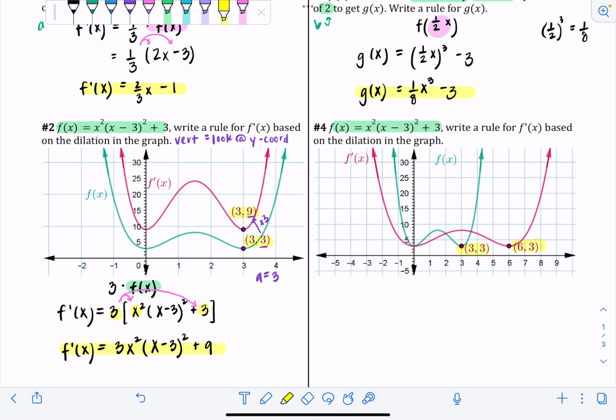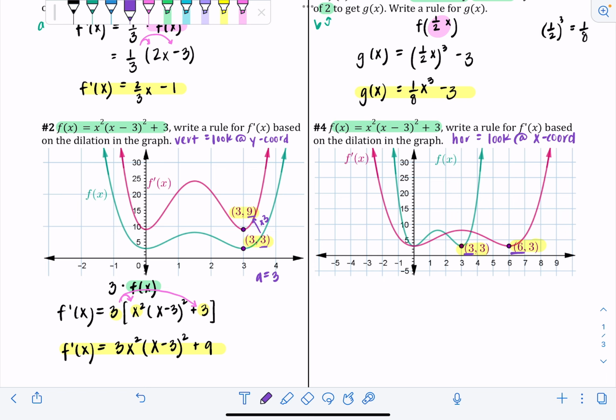In this case, if we look at the y value, the y value is not changing. The x value is what is changing. If the x value is what is changing, that's a horizontal dilation. So for horizontal dilations, if you see that the x coordinate is what's changing, then it's a horizontal dilation.